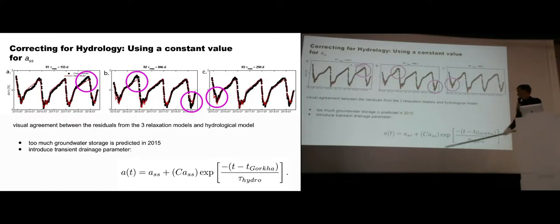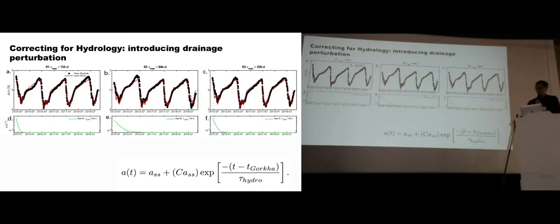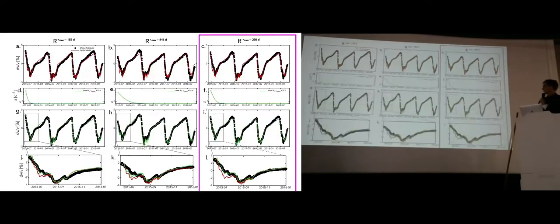So we change this term, which describes the hydraulic conductivity in the subsurface, and we have used different timescales for this parameter. So how fast does a hydrological system actually evolve back to its original state?